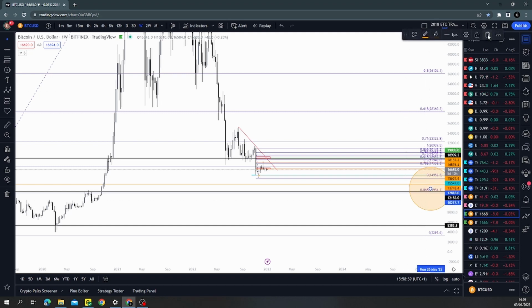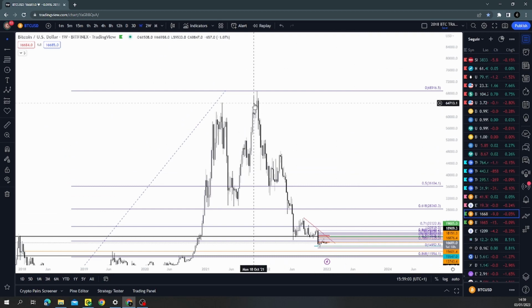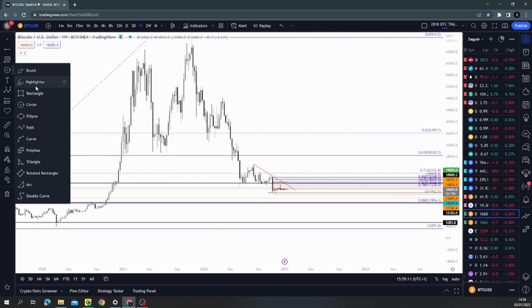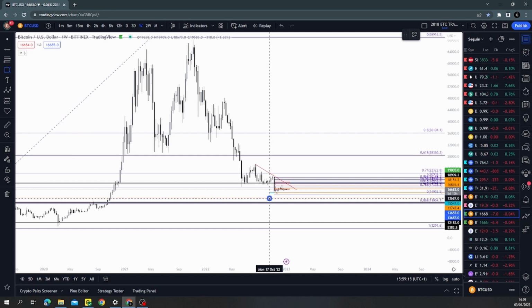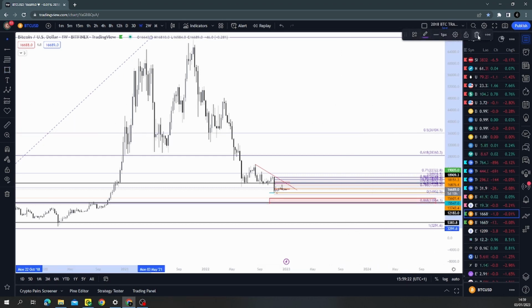Alright, this is enough for me to play my cards. We identify that the price may go to this area over here, between here and here. We remove the fibs.